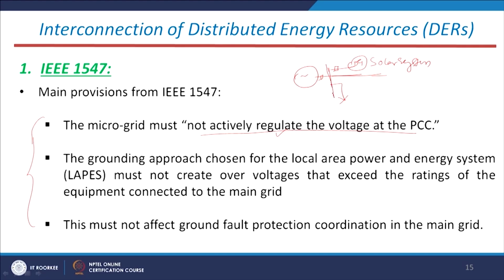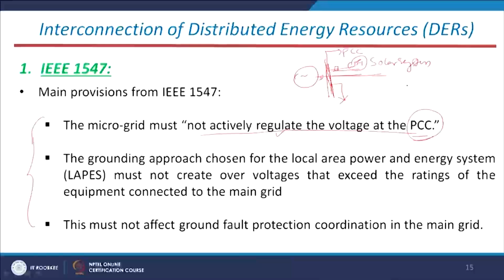This bus is known as the PCC. PCC stands for point of common coupling. It states that the bus, the connection point where the DG is connected to the grid, or where the DG and the grid are both interconnected, is known as the PCC.